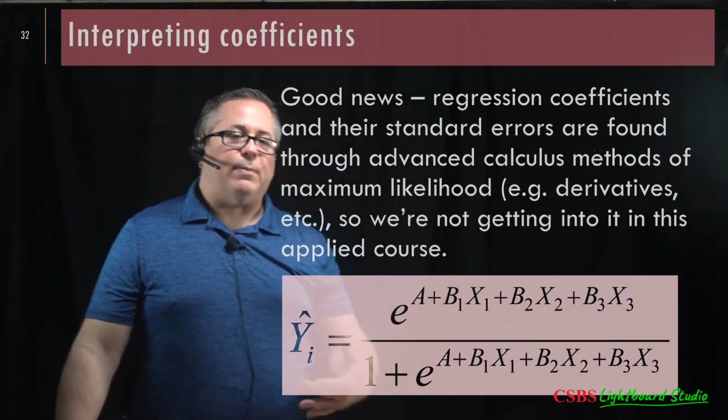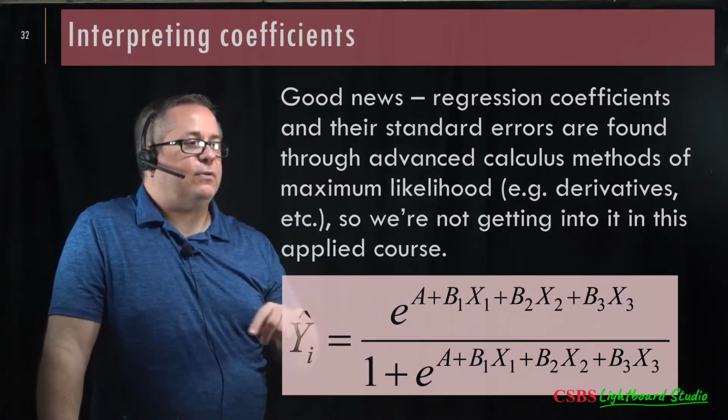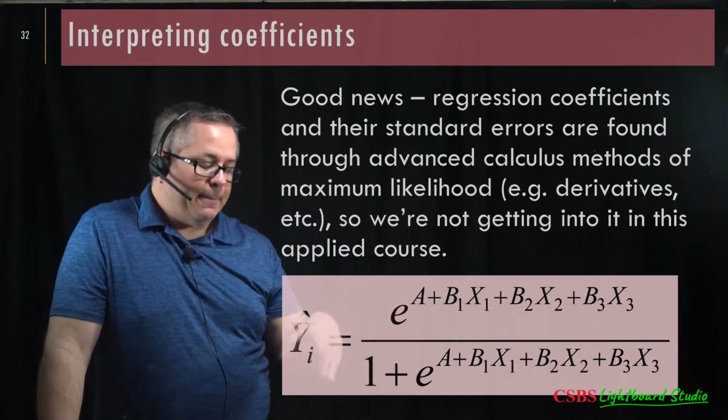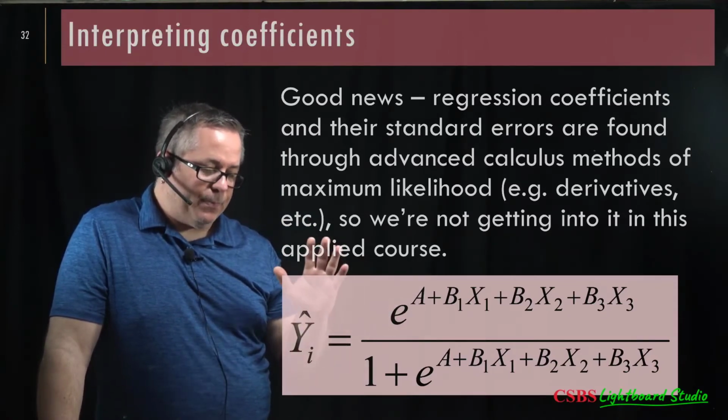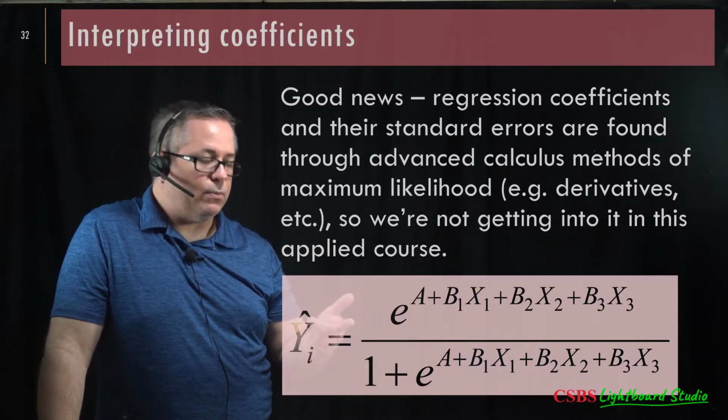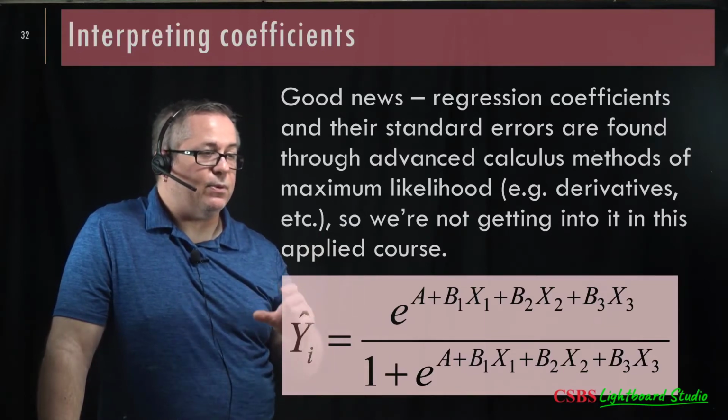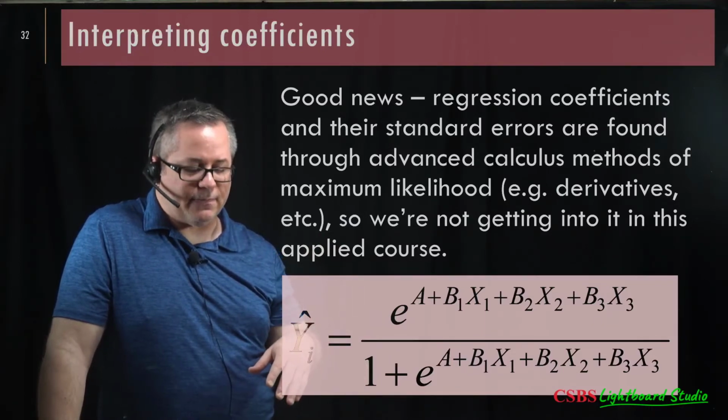I'm not going to expect you to solve in a logistic regression for the slope and the intercept values, because 1, we don't have time to go into that, and 2, it's not really relevant to a course on the applied aspect of this stuff.